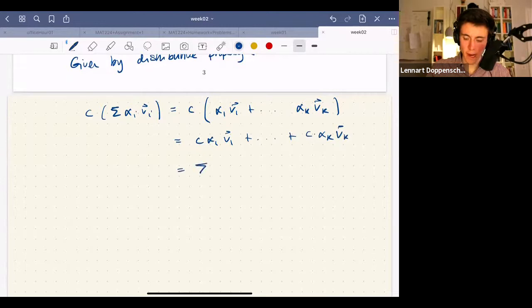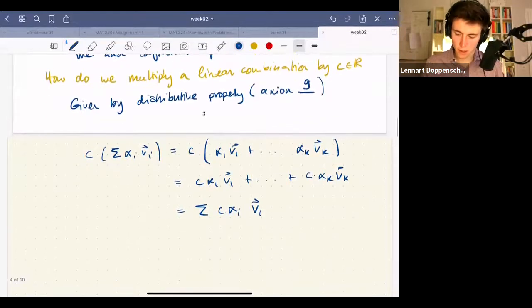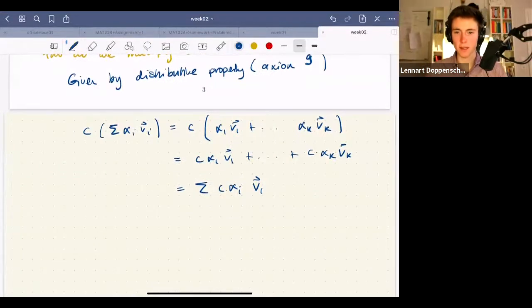And now if you write this back in the shorthand notation, we observe that now, is this still a combination or is this not a combination? I mean, how do we interpret this? Oh, you want to say this is axiom 9. Thank you. So now the trick is really just how you perceive this answer, how you view this, how you interpret this.